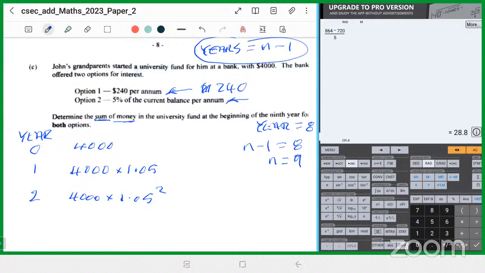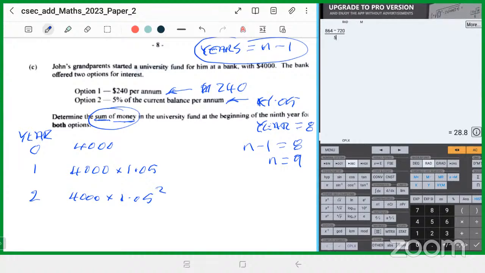You keep multiplying by a common ratio of 1.05. That's how you know how much is in there. So even though this says sum, you're not going to sum the values, because you want to know what value is in the account after that number of times.